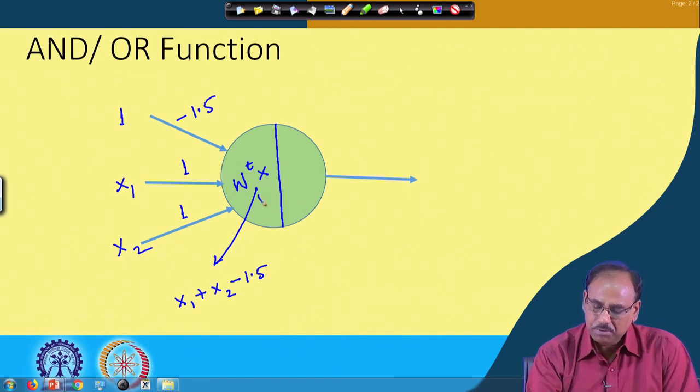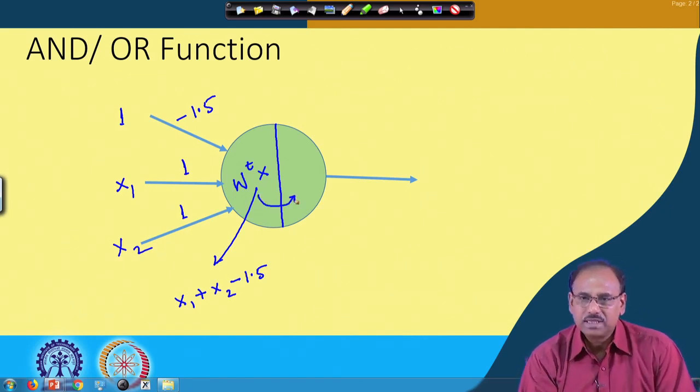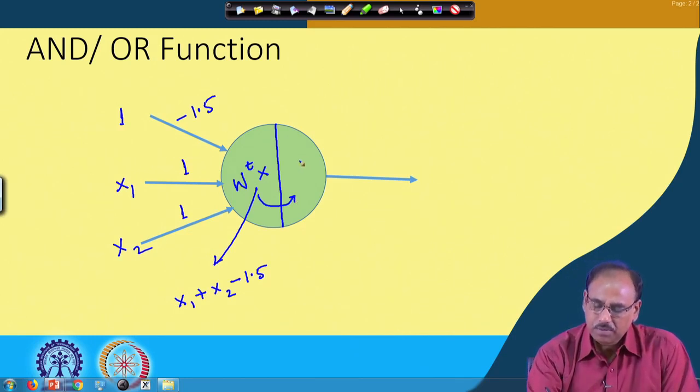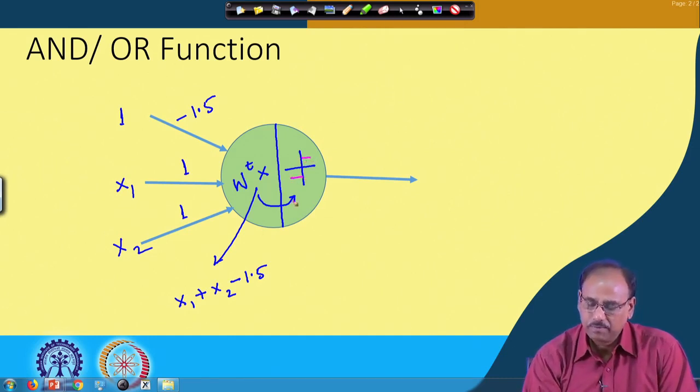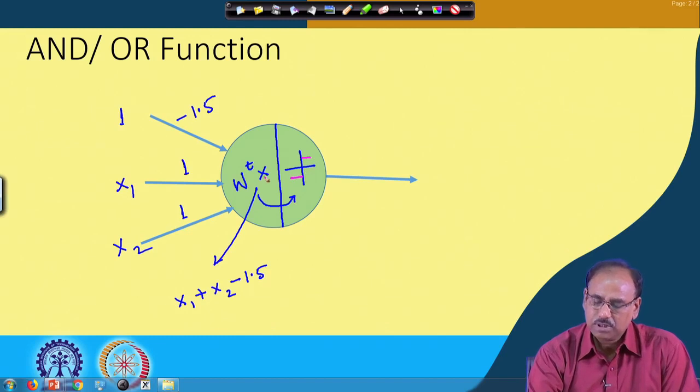Now, this computed value is passed on to the second compartment of the neuron, which computes the nonlinearity, and in this case the nonlinearity is a threshold nonlinearity. For W transpose x greater than 0, the output is 1.